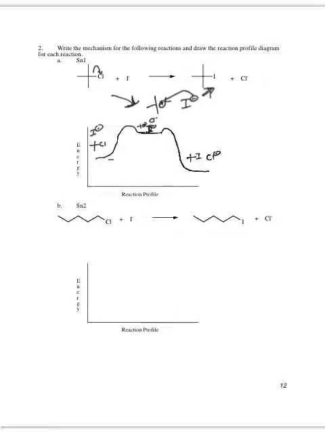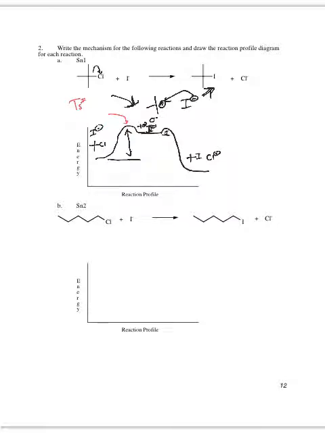So the first step of the mechanism is the hard one, where we have the activation energy we have to get over to get to the transition state, and then the second activation energy is much lower to get down to the products.